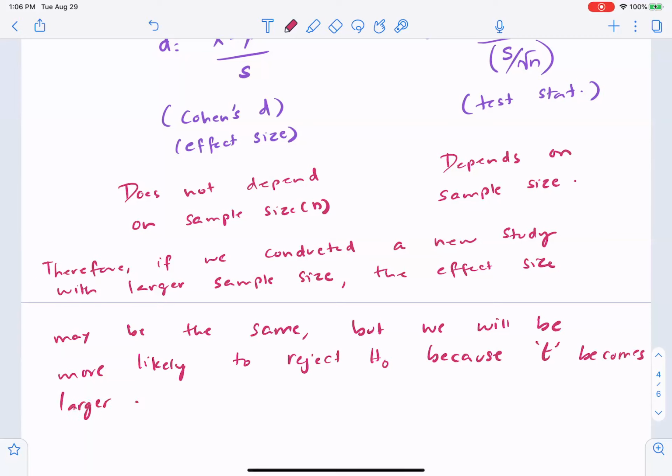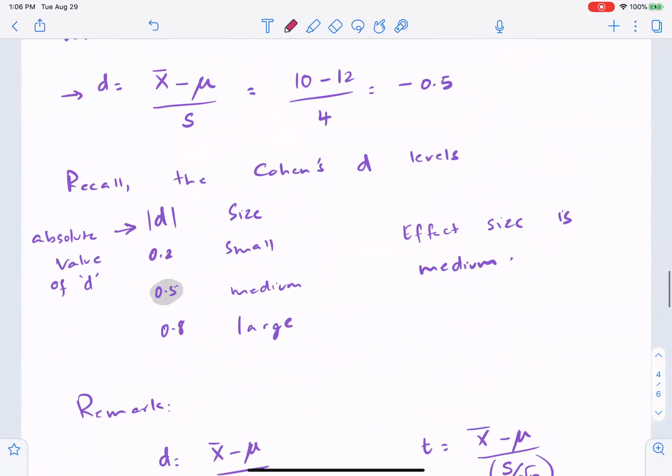This is just a side note, but what I'm trying to say here is if you keep on changing the sample size, you would simply conclude that, oh, I'm rejecting the null. But the true effect may not change. For all I know, it might just stay at medium. So you will simply conclude that there is statistical significance because you are increasing the sample size. t is probably getting larger and larger in magnitude, but d doesn't change.